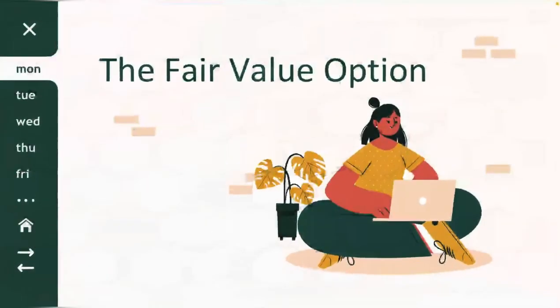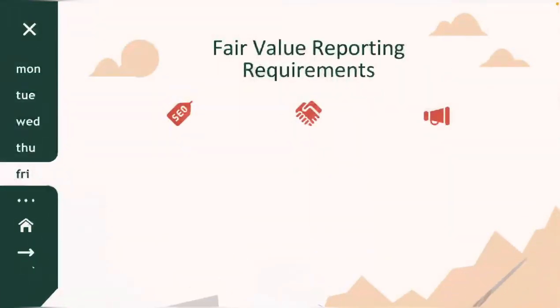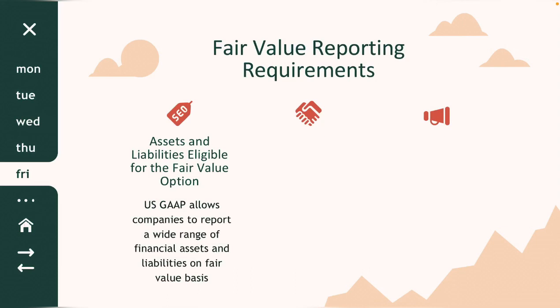Next is about the fair value option. Let's talk about fair value reporting requirements. There are three. The first one is assets and liabilities eligible for the fair value option. US GAAP allows companies to report a wide range of financial assets and liabilities on a fair value basis.